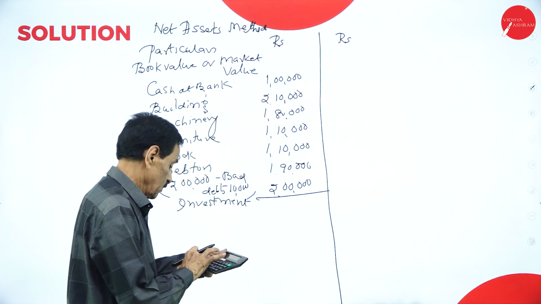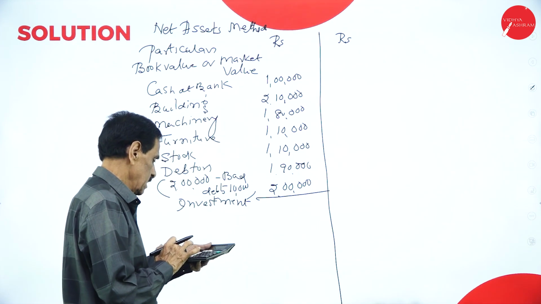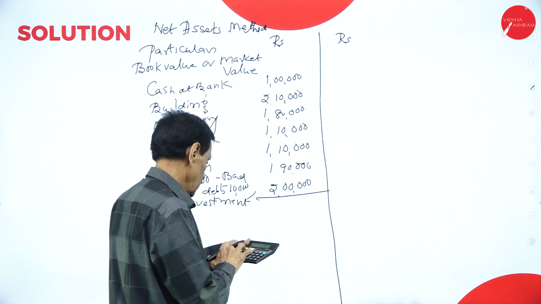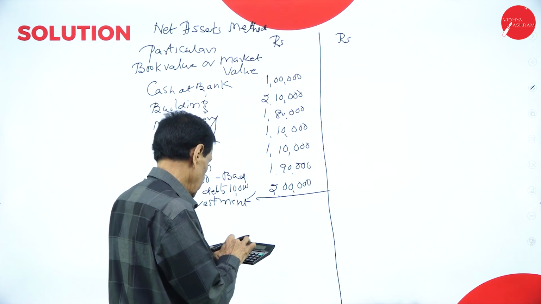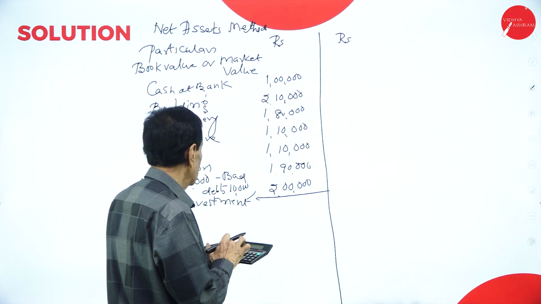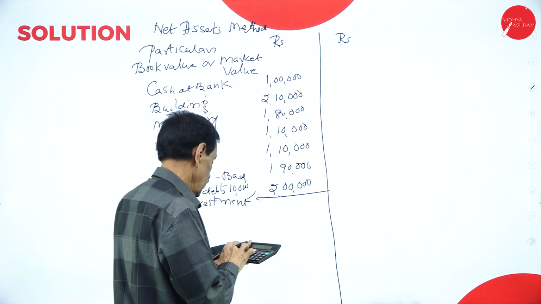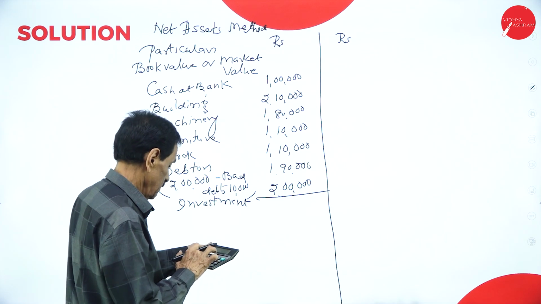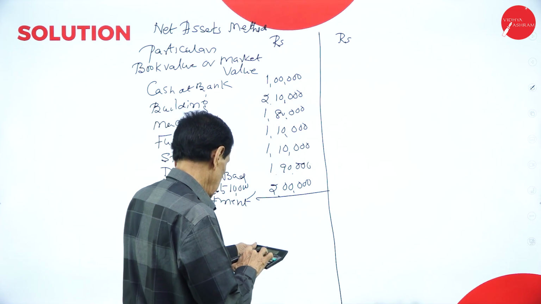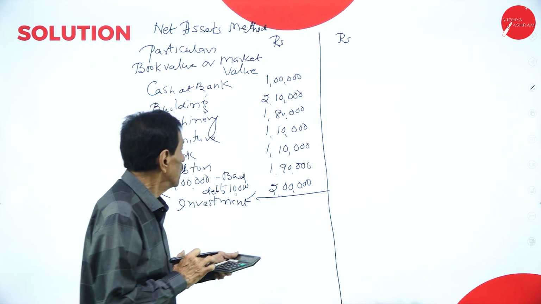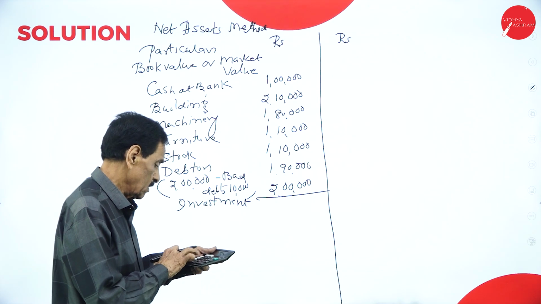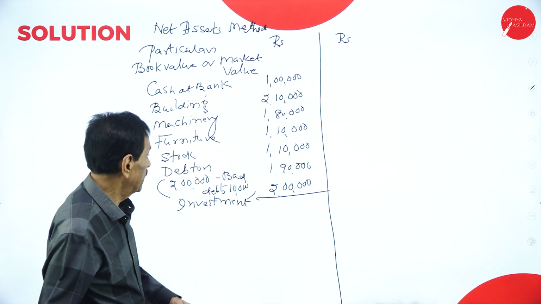Add the figures. This is 1 lakh plus 2,10,000 plus 1,80,000 plus 1,10,000 plus 1,10,000 plus 1,90,000 plus 2 lakh: 11 lakh.